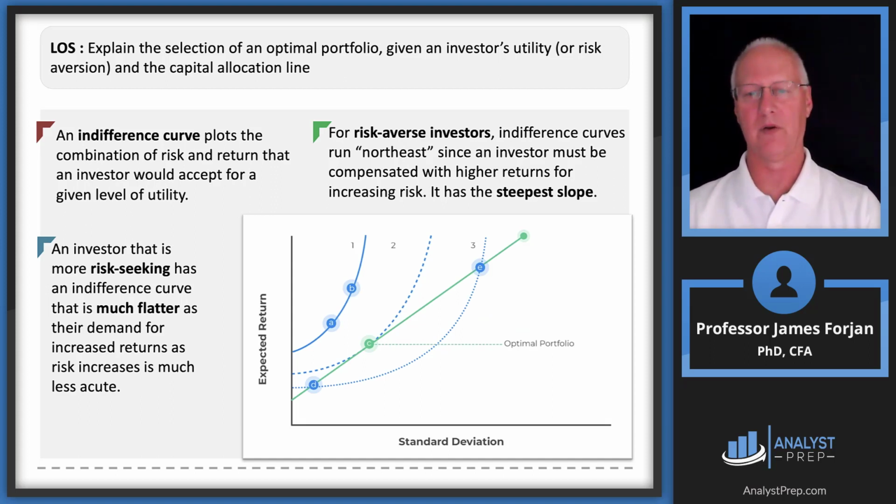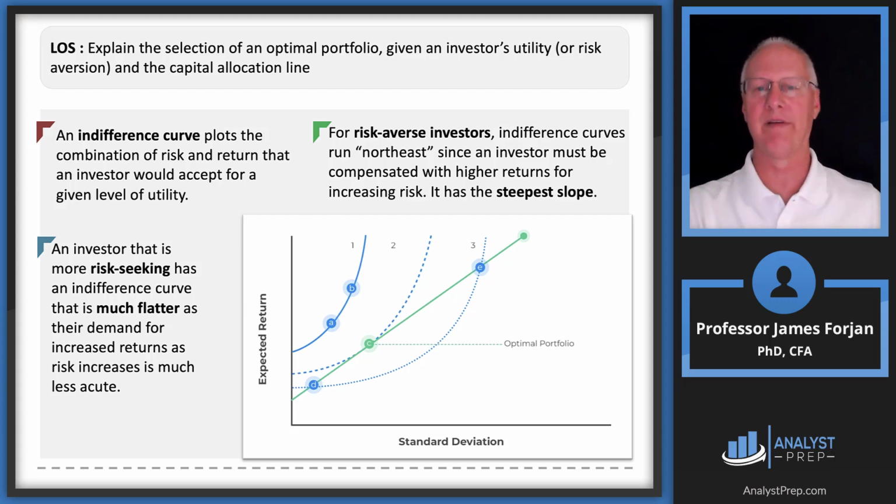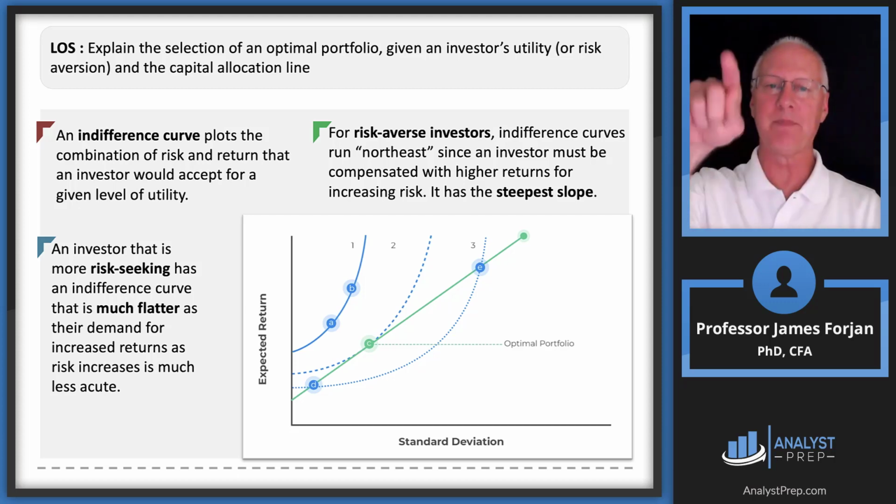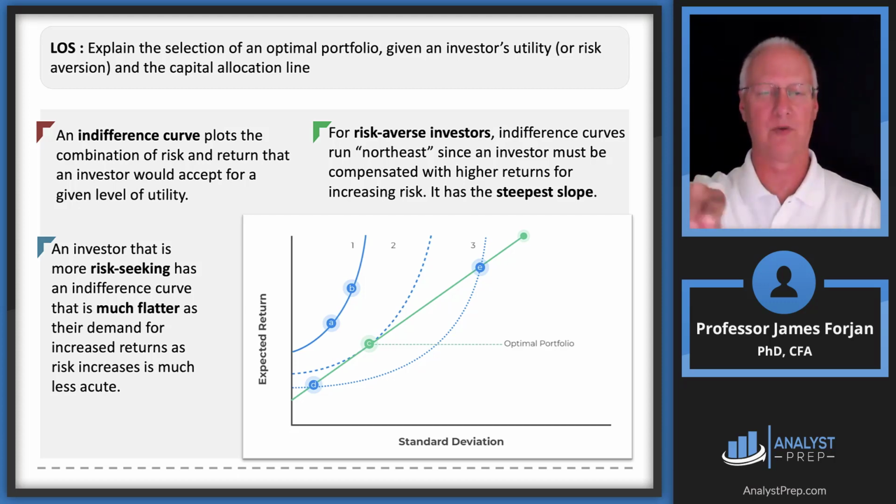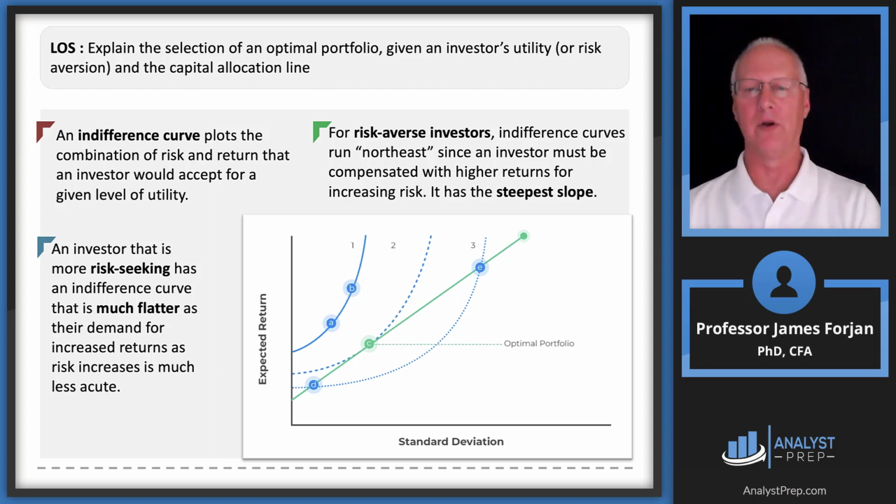This is really where you get conservative investors who have steeply sloped indifference curves, or aggressive investors who have flat indifference curves. All we do is, look at the green line, there's our capital market line, match up the slope of the indifference curve with the slope of the capital market line.